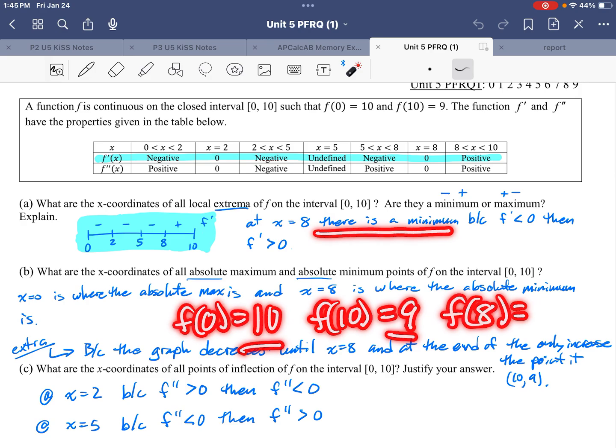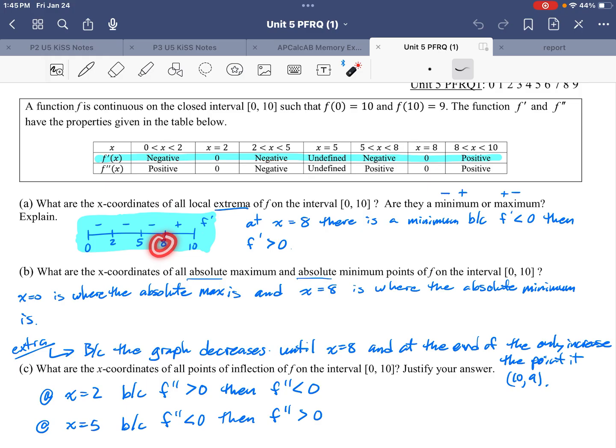So we have a max at 0, and then we are decreasing until we get to 8, and then we increase to go to 10, which is 9. But we know for sure that 8 is lower than 9.